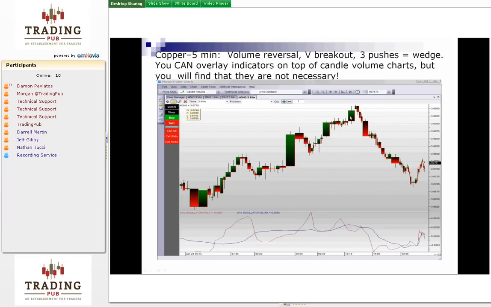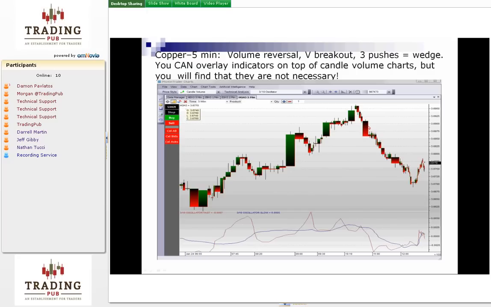This is another example of what I was talking about where the 3 pushes lead to a wedge type of formation. Once again, you could have put in an initiating sell stop at the low of that bar, and look how that ended up playing out. You could trigger a short and the market would never look back.